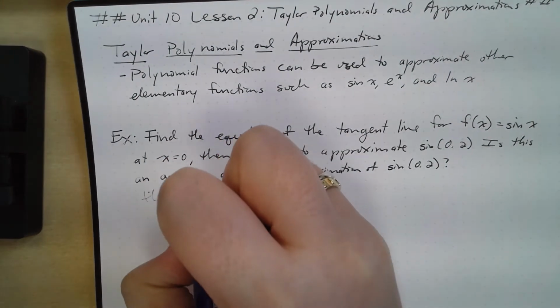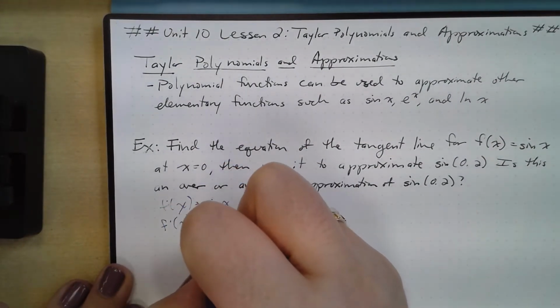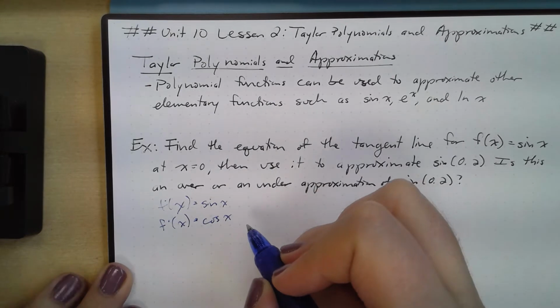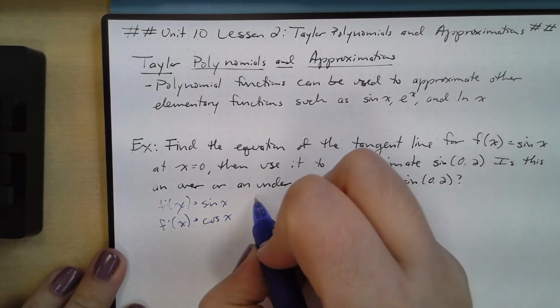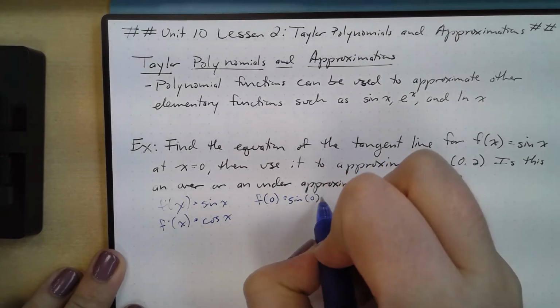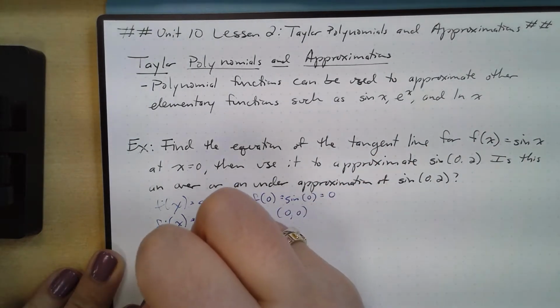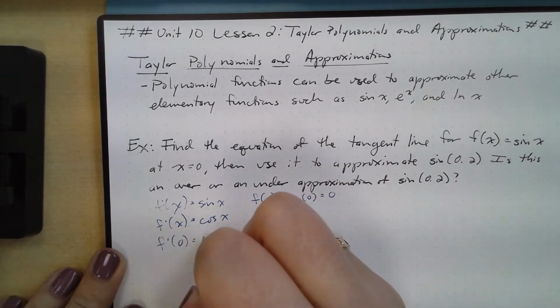F of x equals sine of x, and we need to find our derivative, so f prime of x is equal to cosine of x, and we know that we need to have a point, right? So f of 0 equals sine of 0, which equals 0, so we have the point (0, 0), and then we need to find our derivative at that point.